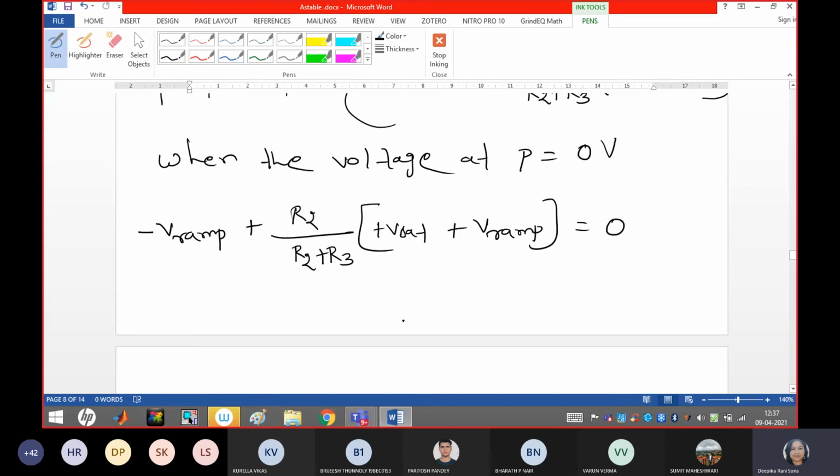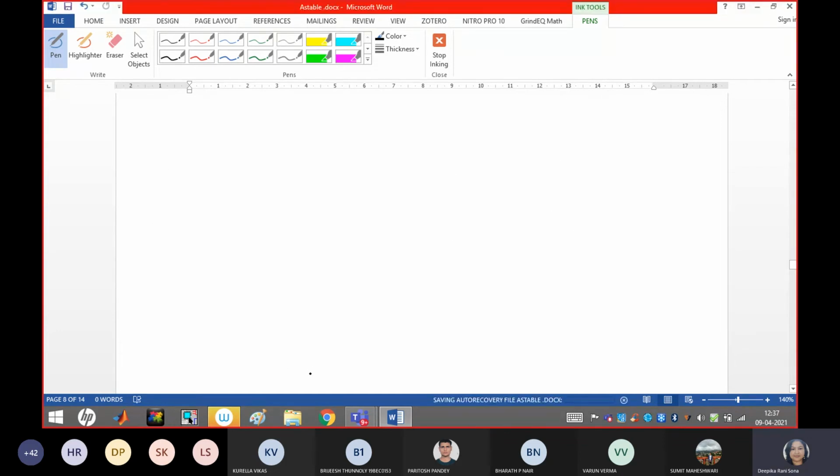Now let's solve this part, guys, to get the minus VRAM equation. What should be the equation for minus VRAM? We have plus VRAM and minus VRAM, right? I want to write the equation in terms of minus of VRAM.